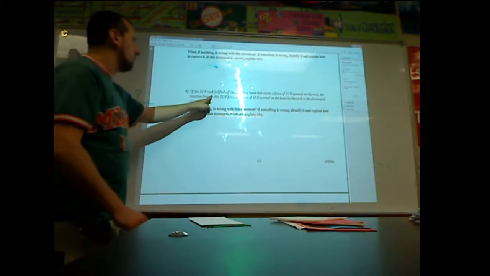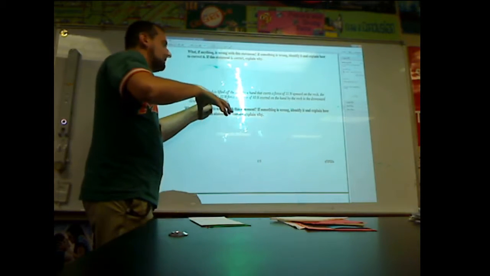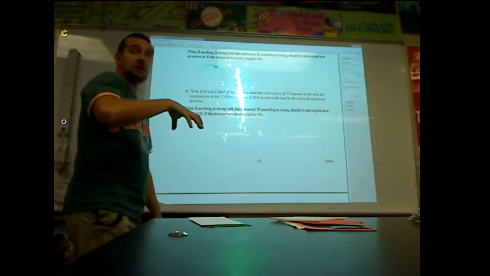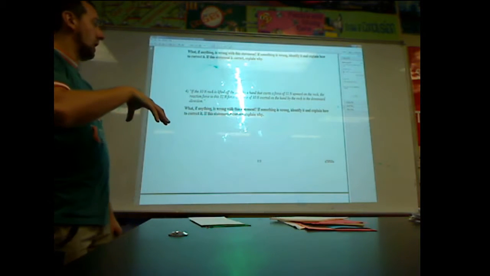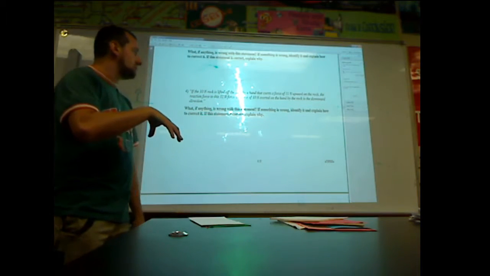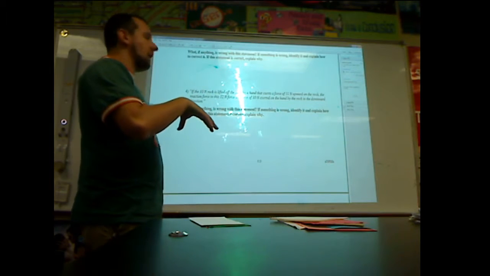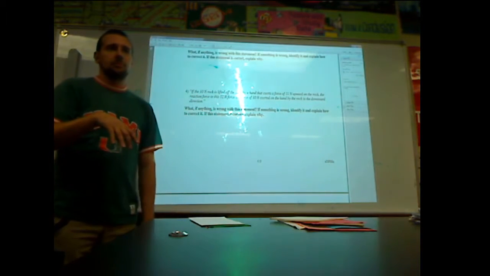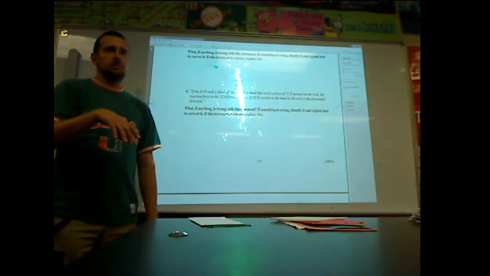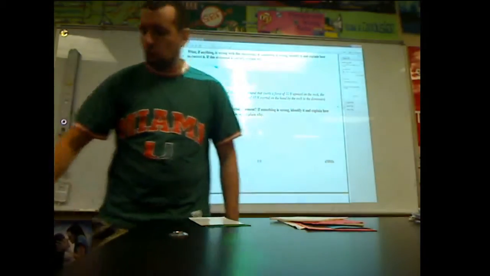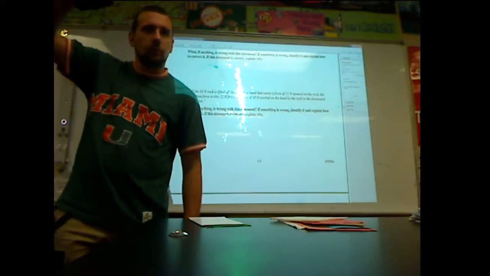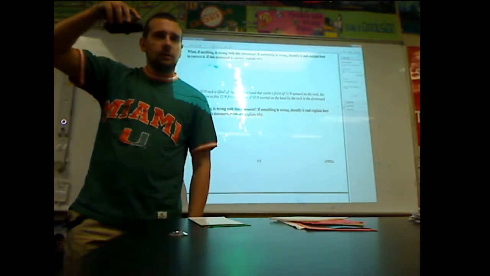If the 10 Newton rock is lifted off the table by a hand that exerts a 12 Newton force upward on the rock, the reaction force of this total force is a 10 Newton force exerted on the hand by the rock in another direction. So now I pick this up with a 12 Newton force, right?